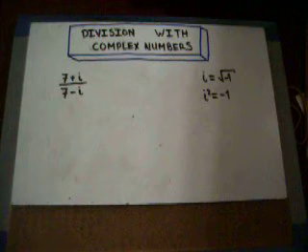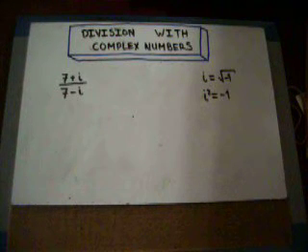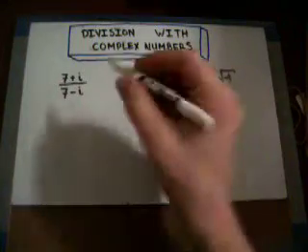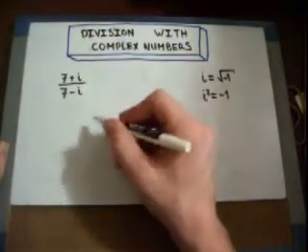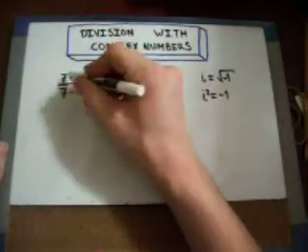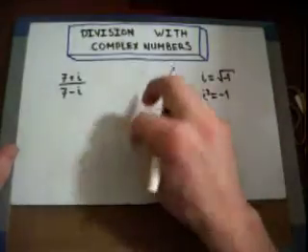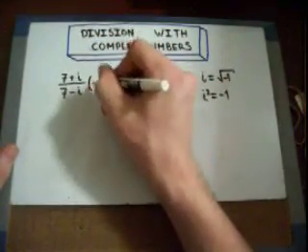I didn't really go into this too much in the last video, but dividing by complex numbers is a little bit more tricky than multiplying complex numbers. So, in order to divide 7 plus i by 7 minus i, I'm going to have to multiply this whole thing by 1.